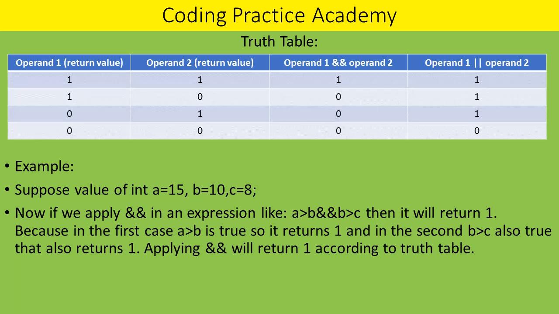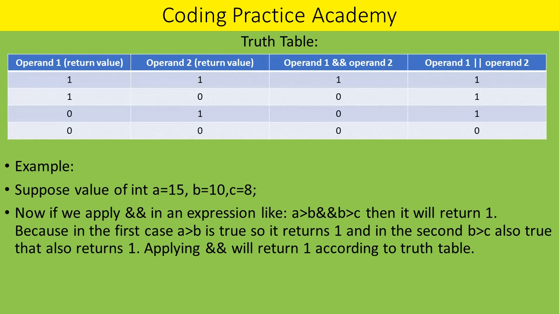If operand 1 or expression 1's return value is true, and operand 2 or expression 2's return value is also 1, that is true, then applying AND between these two operands or expressions yields the result true, that is 1.